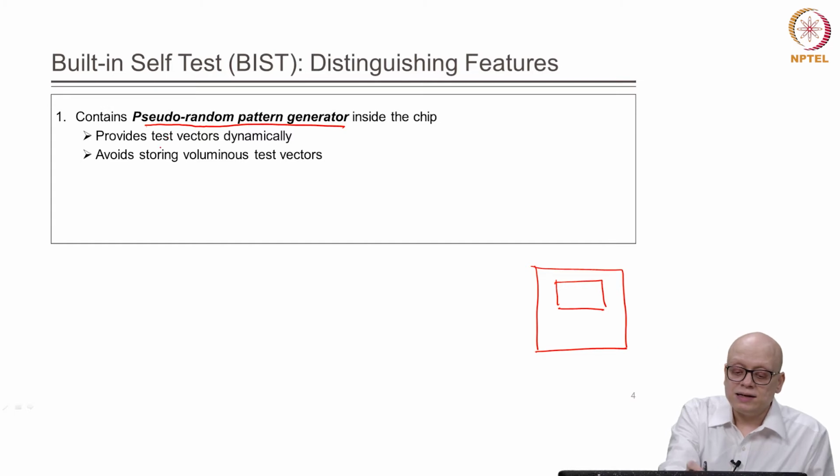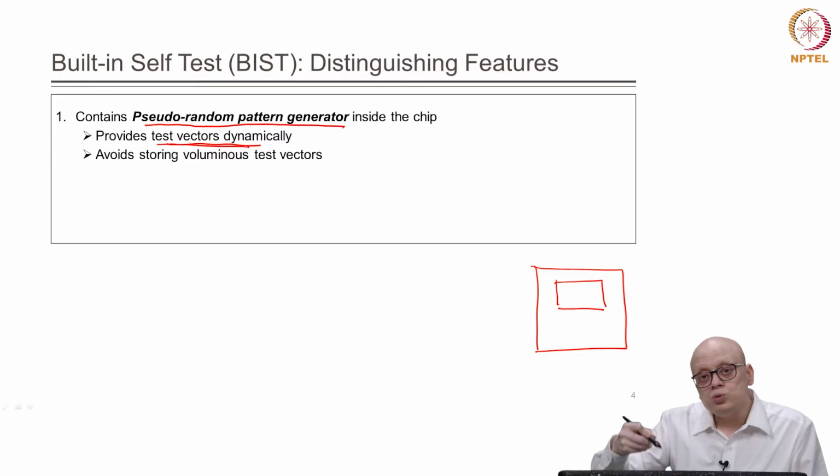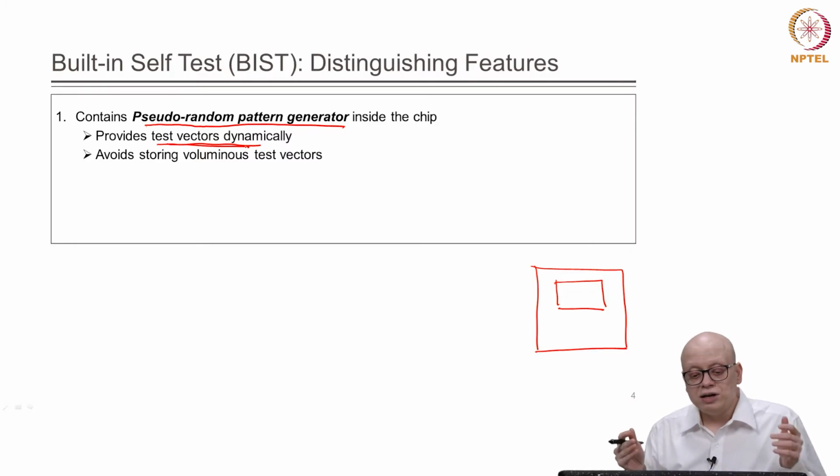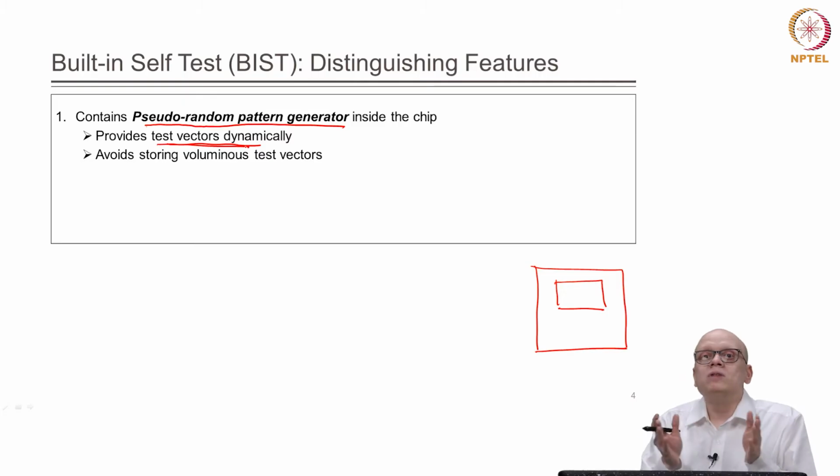Also, these test vectors are dynamically generated and used while testing. So, what do we save in this case because of using a pseudo random pattern generator? We save on the area, right, or we need not store a voluminous set of test vectors.